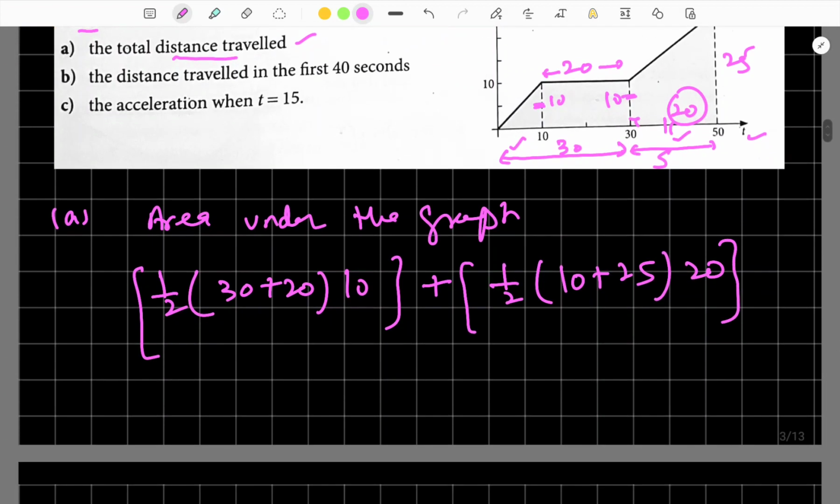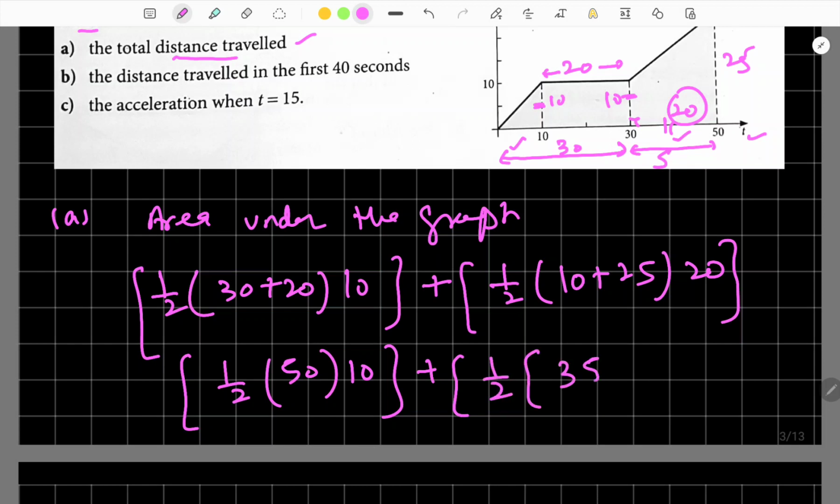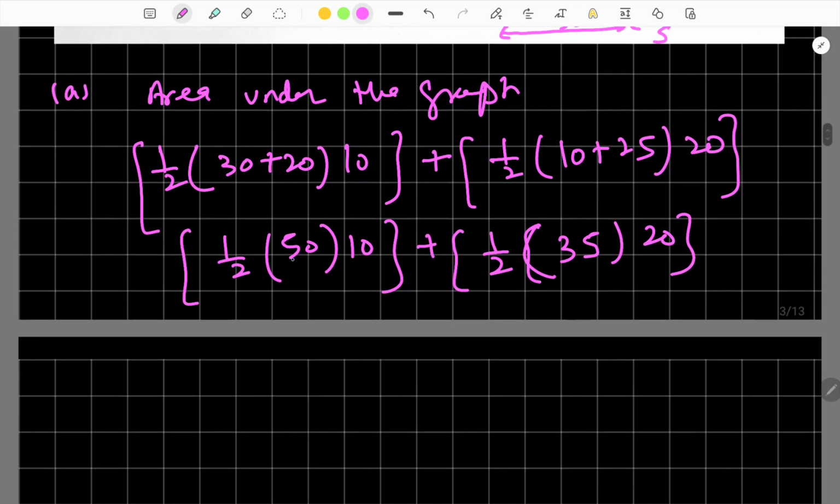चलो. Just simply solve the brackets. So ये बेटा आ गया 50 into 10 plus ये बेटा आपके पास आ गया 35, right बेटा, into 20, right? So this is actually 500 over 2, ठीक है? और बेटा ये जरा मुझे सॉल्व करके बताओ. 700 over 2, right beta?